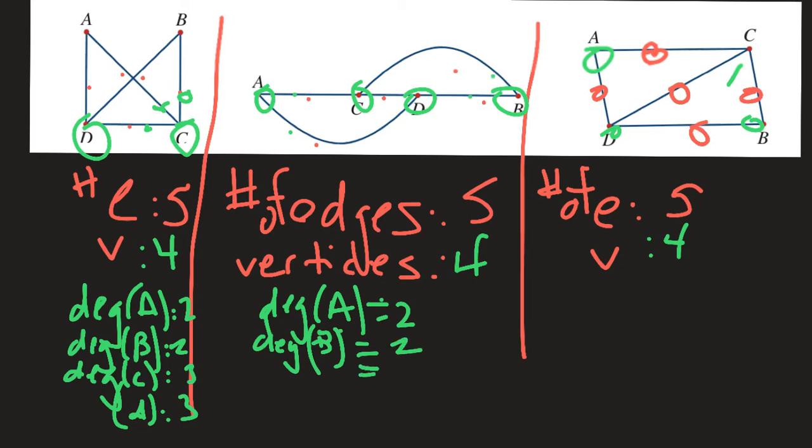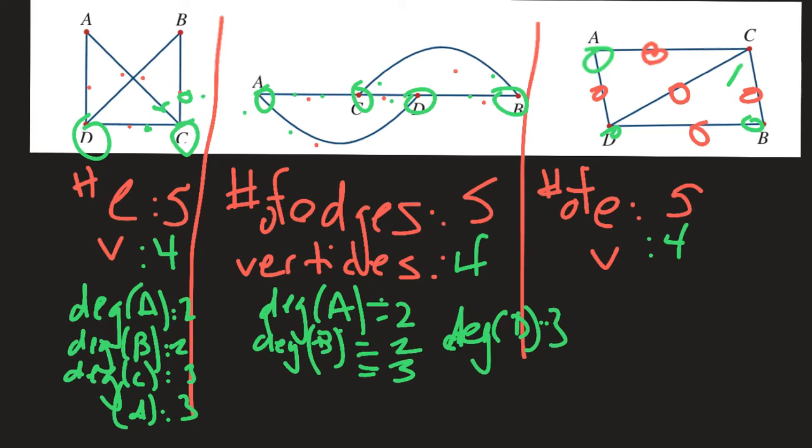Degrees for C, again, my tools are going to start to get in the way here, so I'm sorry if I can't do this well, but I can count for C. 1, 2, 3 for C. And my degrees for D would be 3 as well. So you can see everything's matching between our first and our second example.